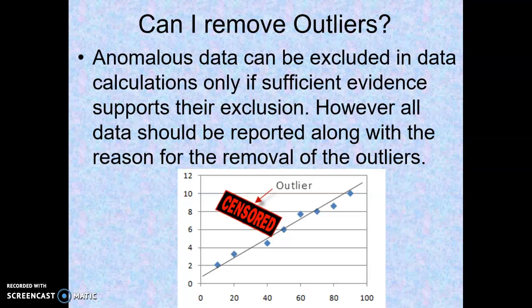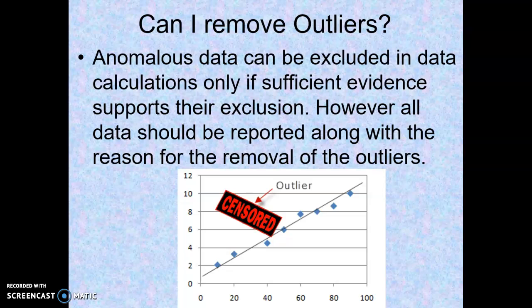Now, one question that sometimes comes up is, say we do have an outlier. What do we do with that when we're reporting our data? Do we just erase it? Do we pretend like it didn't happen? Absolutely not. We need to make sure that whatever data we collect is reported in some way, because otherwise you're just hiding things that happened. If it truly was anomalous, it was still a data point that you collected.